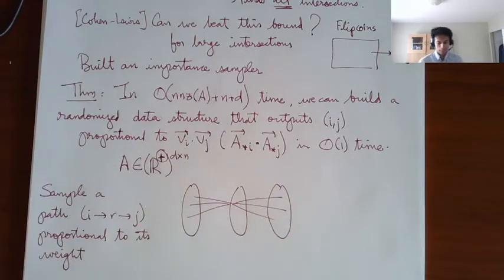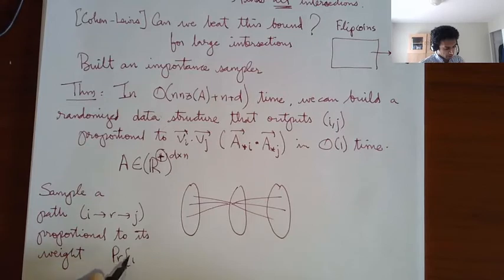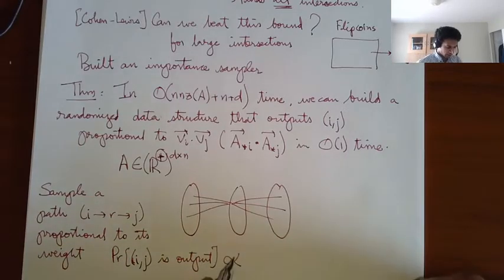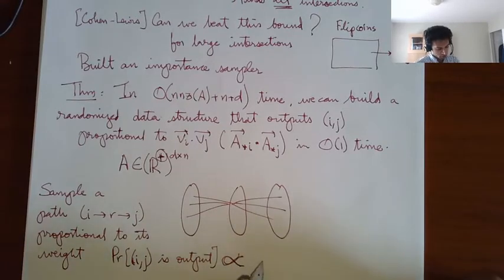So the probability that ij is output will be proportional. That's not alpha, but rather the proportionality symbol. This is going to be proportional to a star i dot a star j.